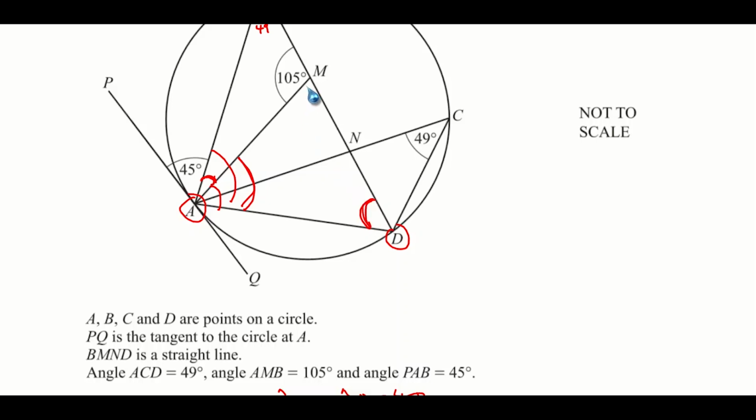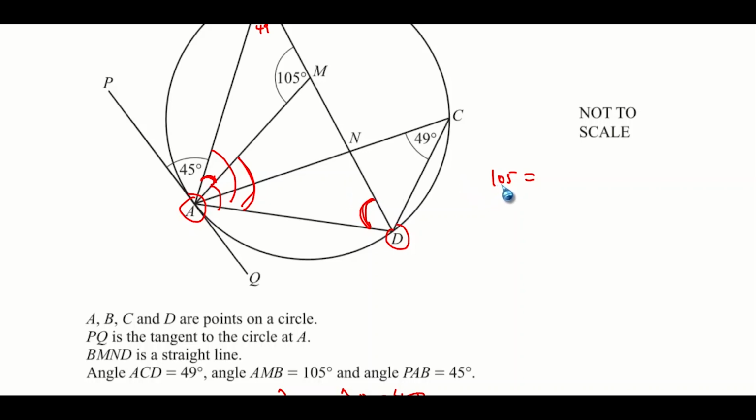They are opposite angles to this 105. So from a theorem, from triangle AMD, you see that 105 is an exterior angle, and there's a theorem: the exterior angle of a triangle is equal to the sum of the interior opposite angles.